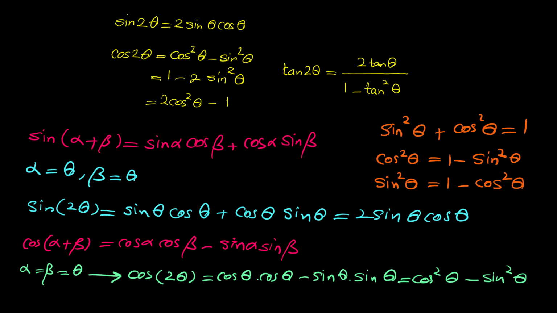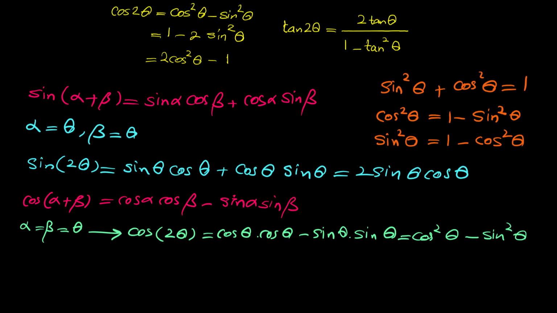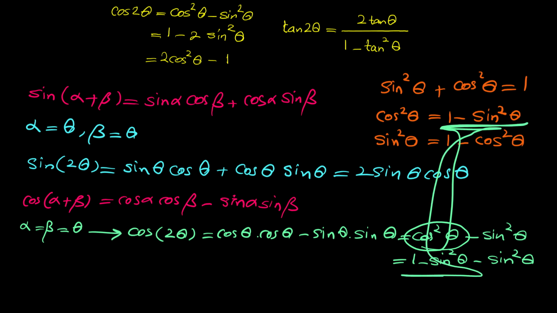We substitute cosine squared theta with 1 minus sine squared theta. By doing this, we can write this expression in the form of 1 minus sine squared, because cosine squared is 1 minus sine squared, and we have another minus sine squared here.